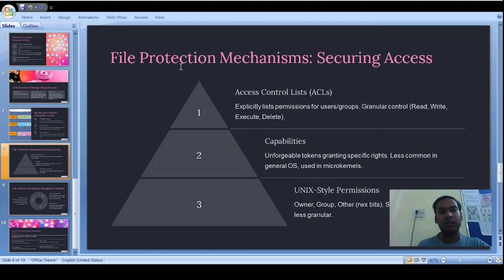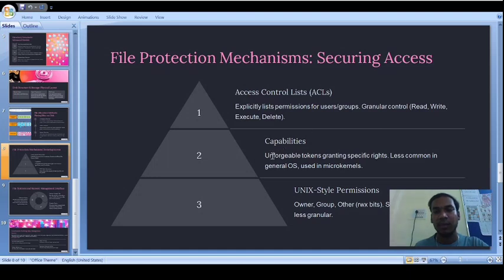File protection mechanism. We can protect the files through three types: access control list, capabilities, and Unix style permission. Access control list, where the user gets permission to access the files through read, write, execute or delete the files.